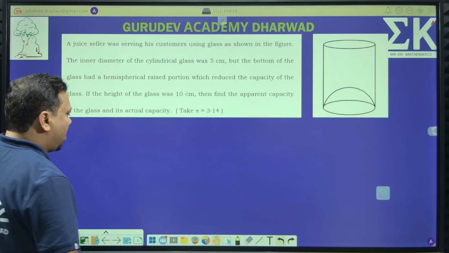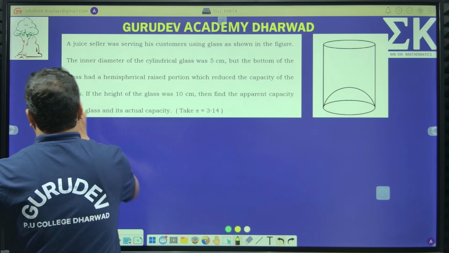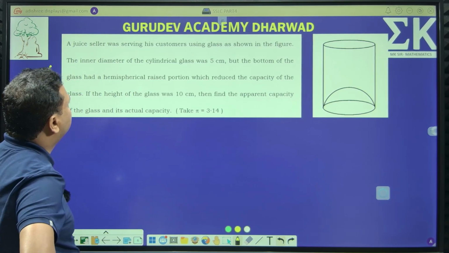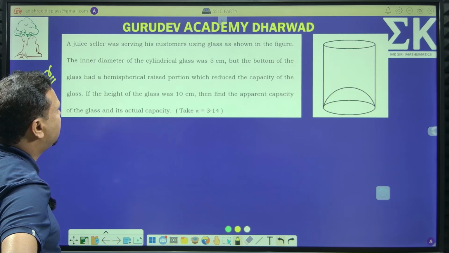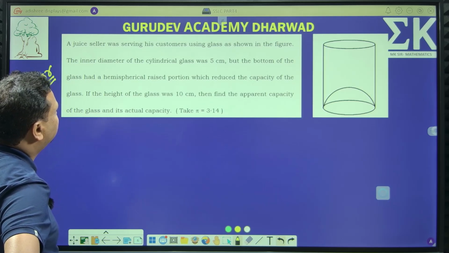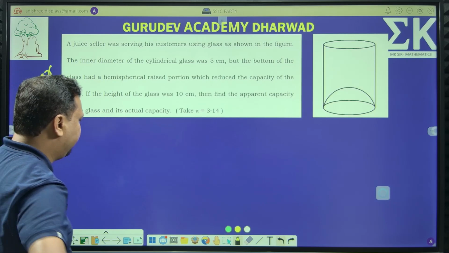This was our question. A juice seller was serving his customers using a glass as shown in the figure. The inner diameter of the cylinder glass was 5 centimeter.